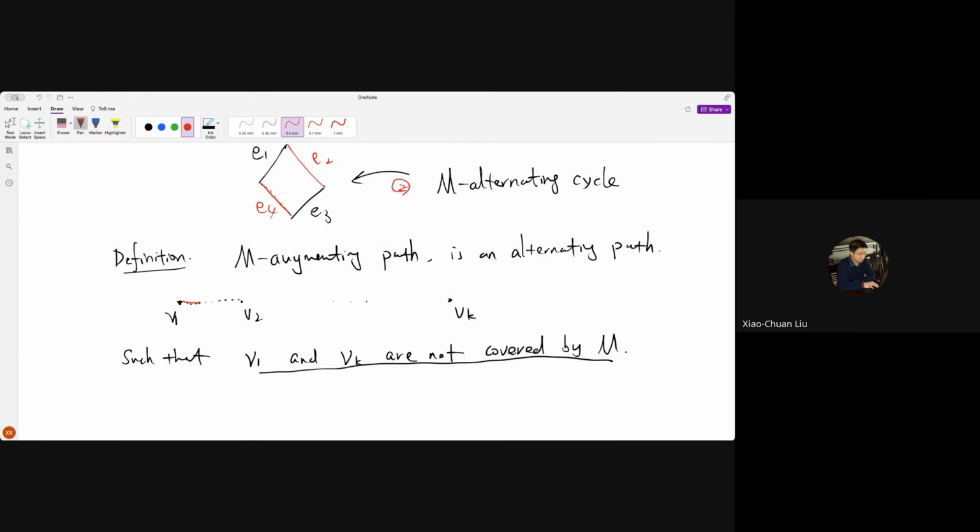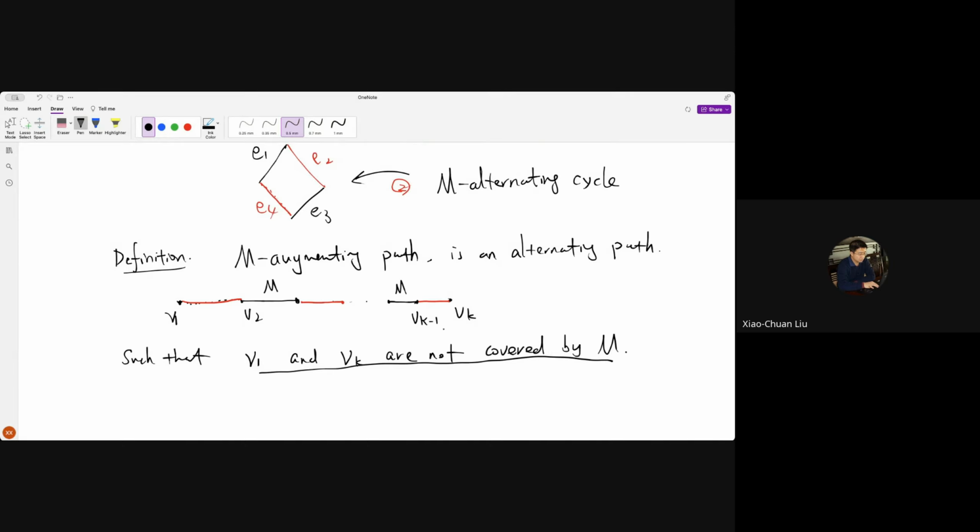I mean, it starts from an edge which is not from my matching, and the second edge is in my matching. This is M, and the third is not in the matching, and finally the final edge is not in the matching. And for example, this edge Vk minus 1 is in my matching.